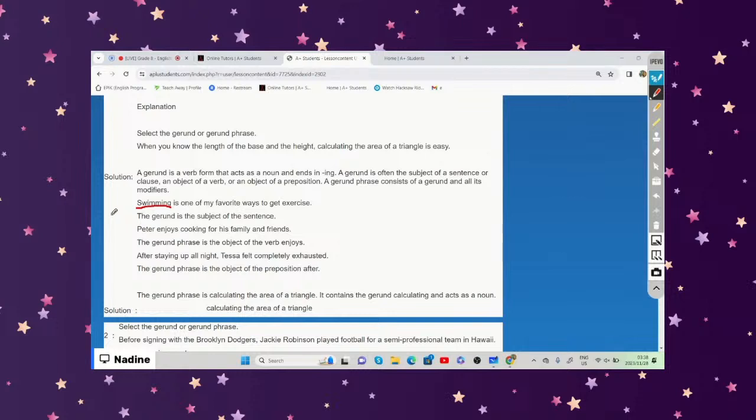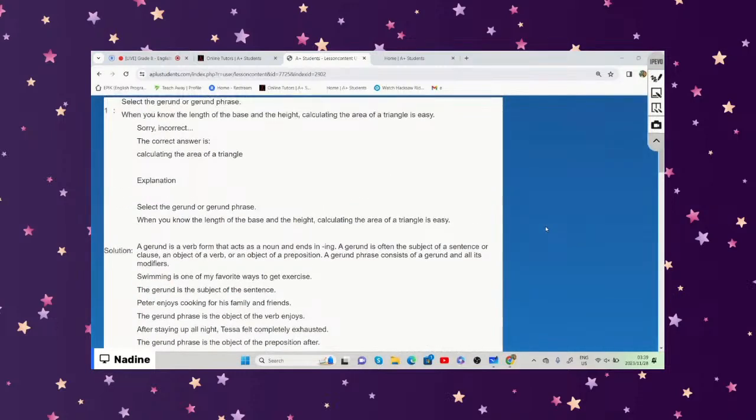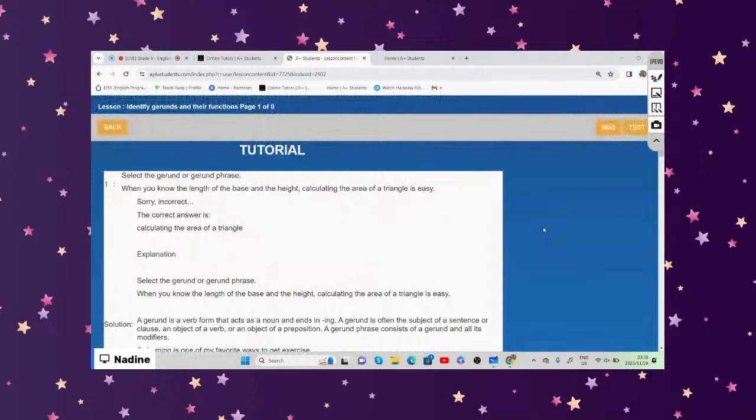And staying is our gerund because after is a preposition. So the gerund phrase is the object of the preposition after, right? And remember, we said our gerund ends in ing.